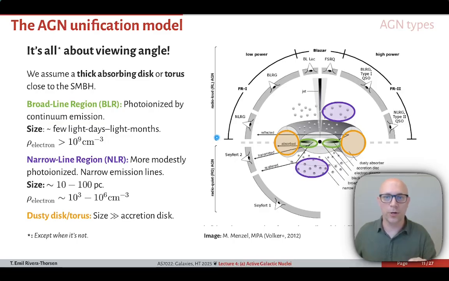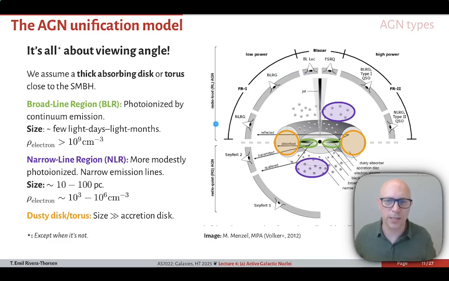What we need to know, however, is that it is not only a matter of viewing angle, but also of intrinsic differences. So for each of these 4 quarters, we have different intrinsic properties of the source, but the viewing angle differences you can see are very similar.